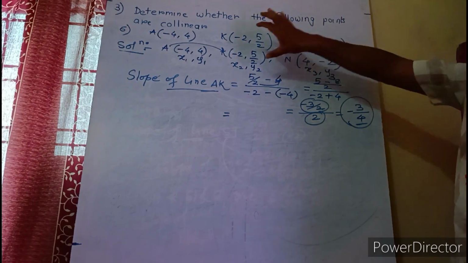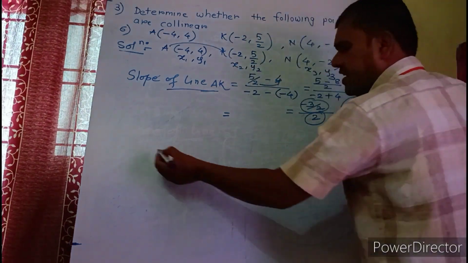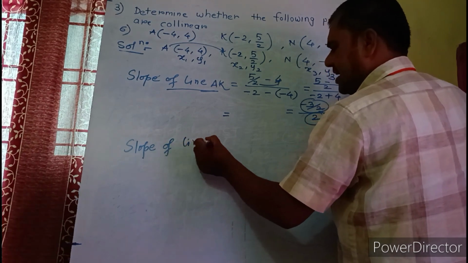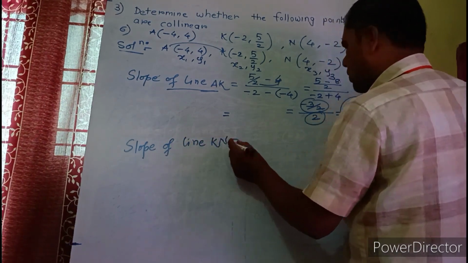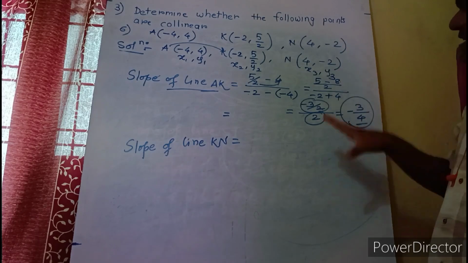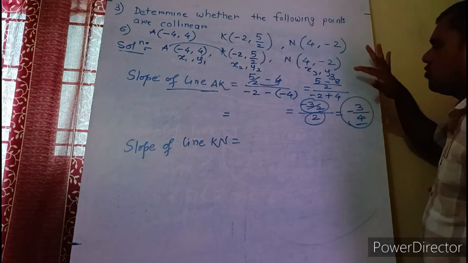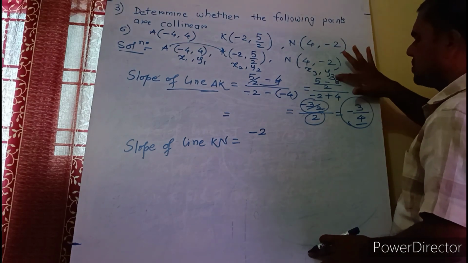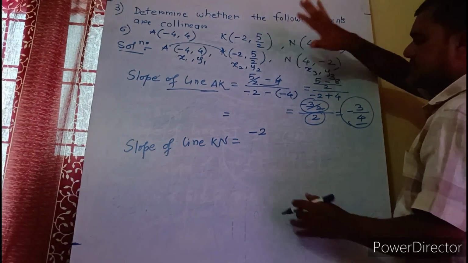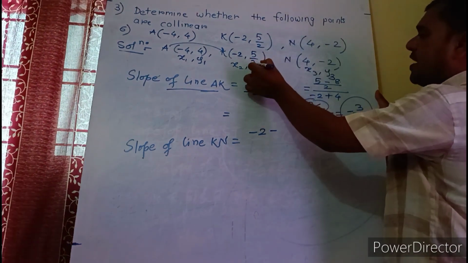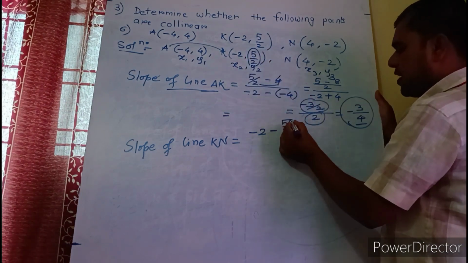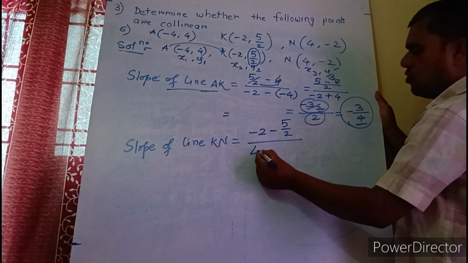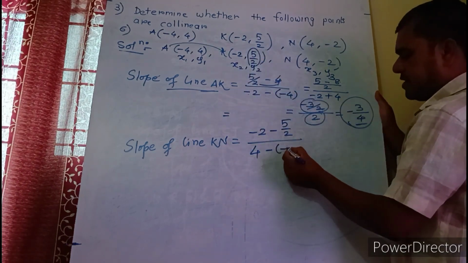Now we have to find the slope of line KN. Slope of line KN can be calculated as y3 minus y2 divided by x3 minus x2. The value of y3 is minus 2, minus the value of y2, which is 5 by 2, divided by x3 minus x2, that is 4 minus minus 2.